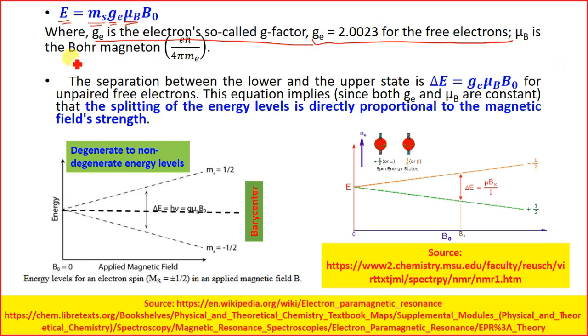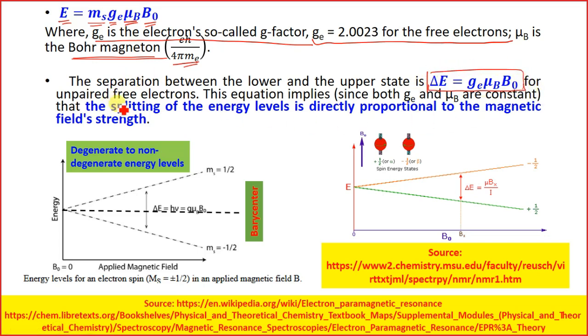Mu b is the Bohr magneton, sorry, and it is given by eh by 4 pi me, multiplied by B0. The separation between the lower and the upper state is given by delta E equals Ge mu b B0.